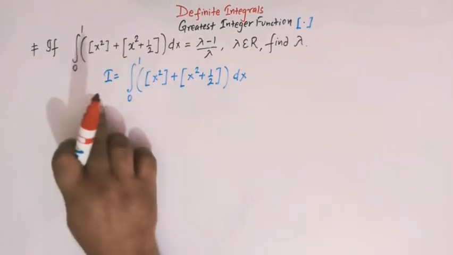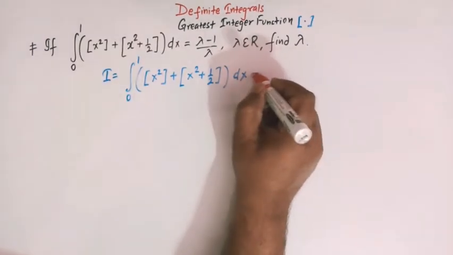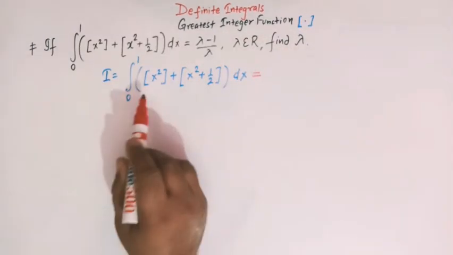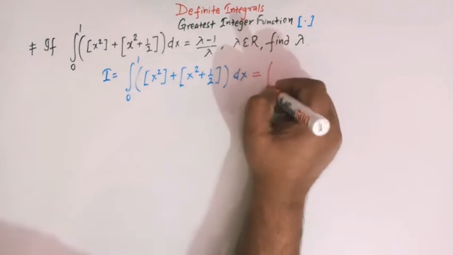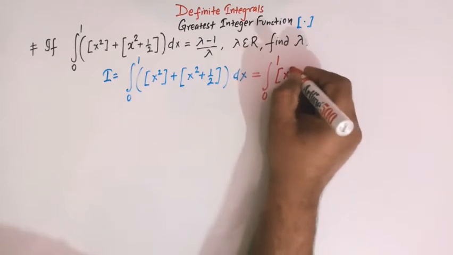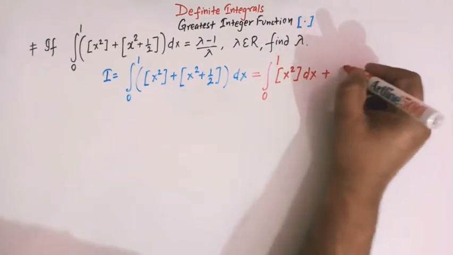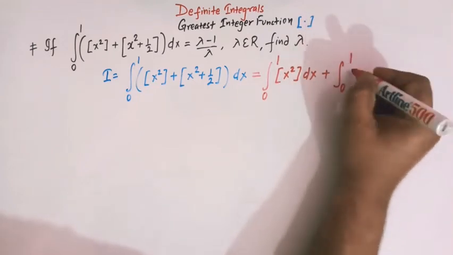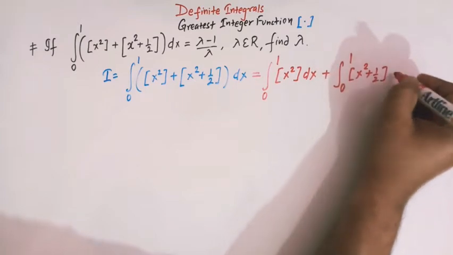And here if we look at this integral, we can solve it, the normal process of solving this integral may be like this, that is 0 to 1, and we have the greatest integer of x square dx, and then we have 0 to 1 and greatest integer of x square plus half dx.